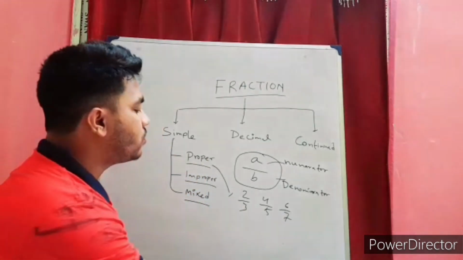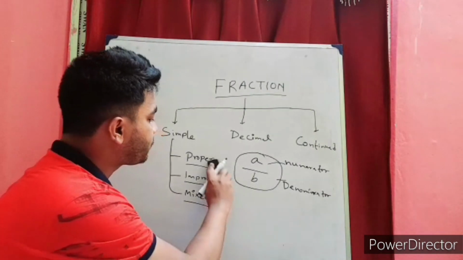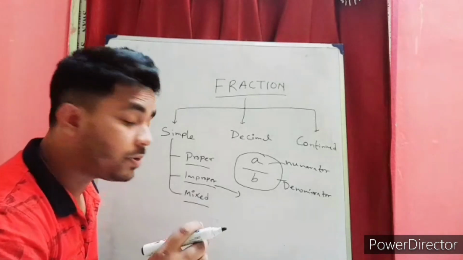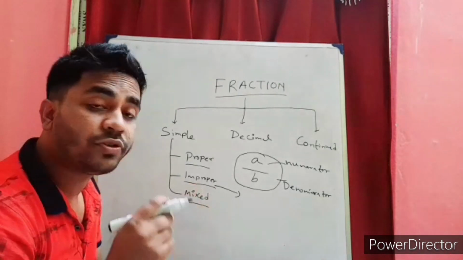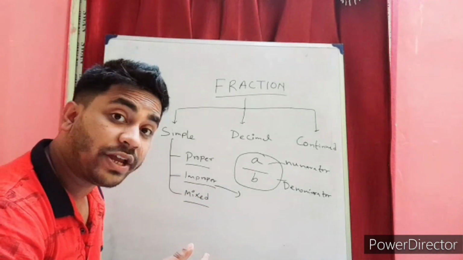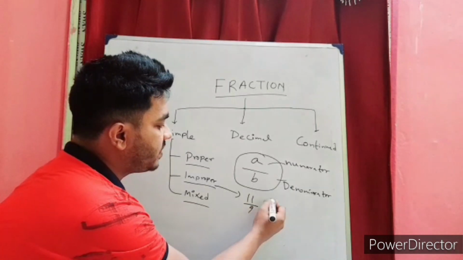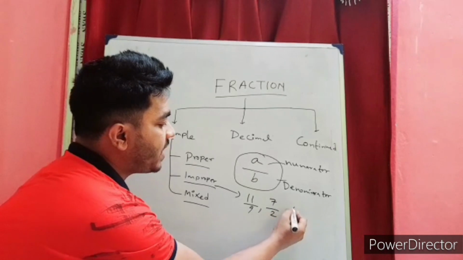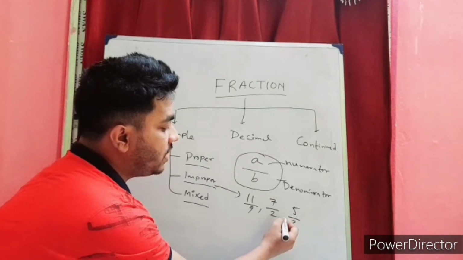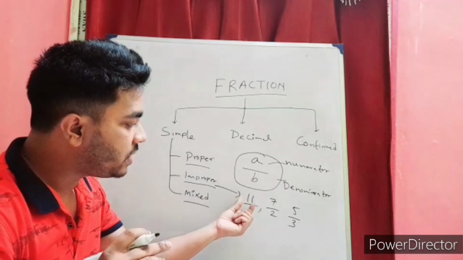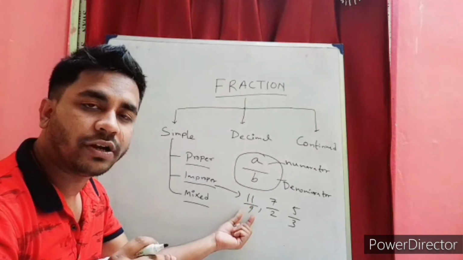Understand? Next we go to improper fraction. Always remember, improper means it is the opposite of proper. Suppose 11 by 9, 7 by 2, 5 by 3. Here we see the numerator is greater than the denominator.